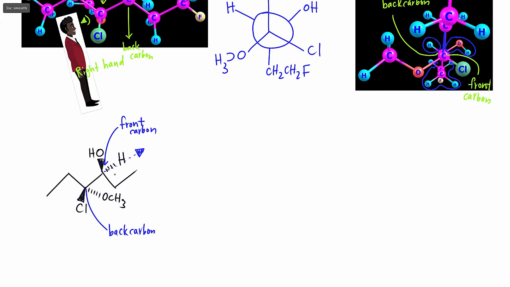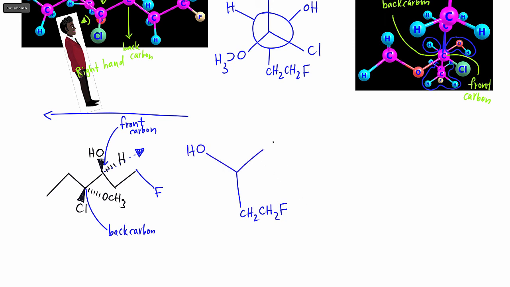Okay. So if the eyeball is there, you're looking toward the left. If you're looking toward the left, what's coming out of the plane is going to be on your left side. So what I see going down is the CH2, CH2, and this should be an F right here. Okay. And what's coming out of the plane is going to be on my left side, so that's OH.